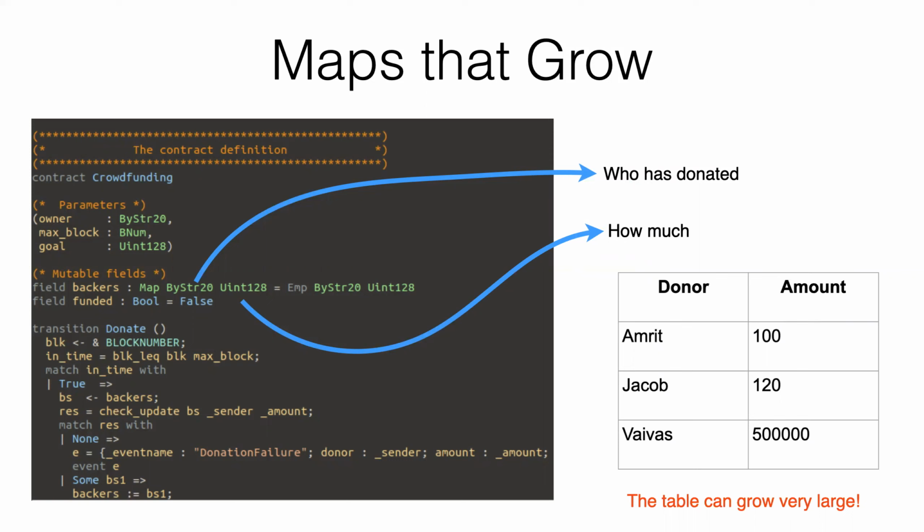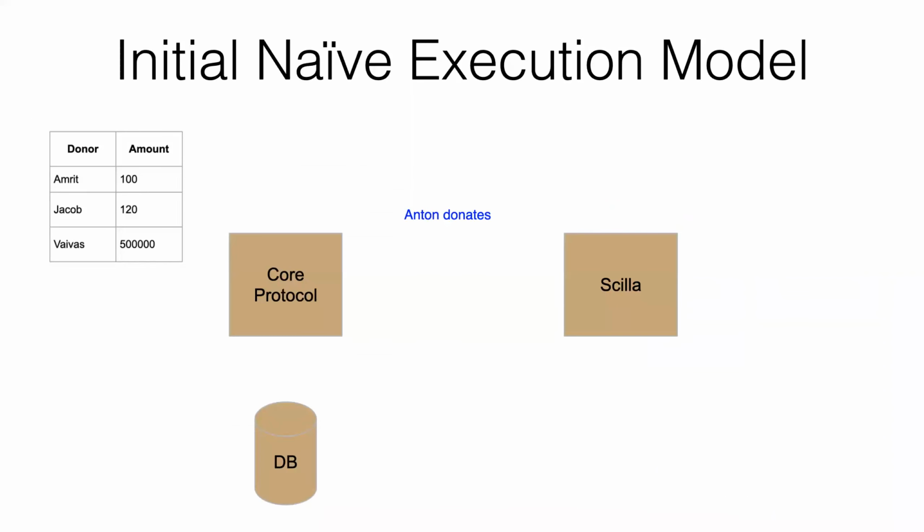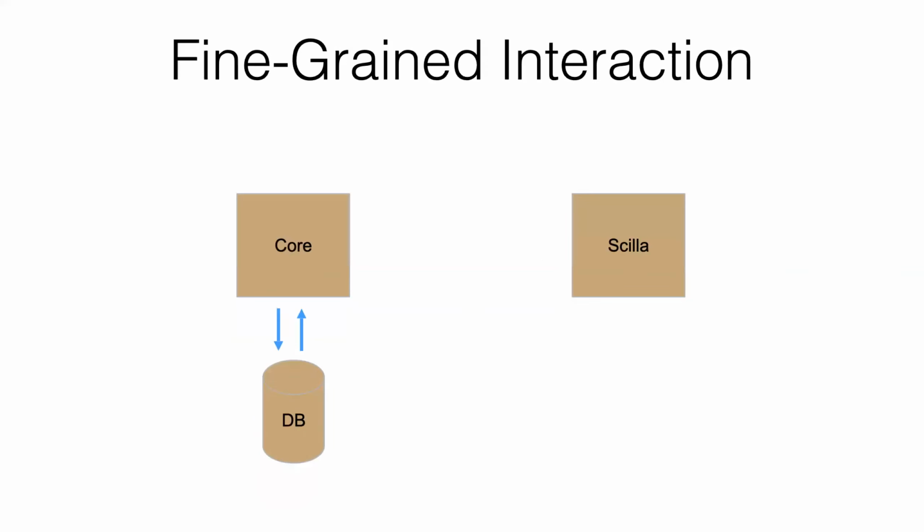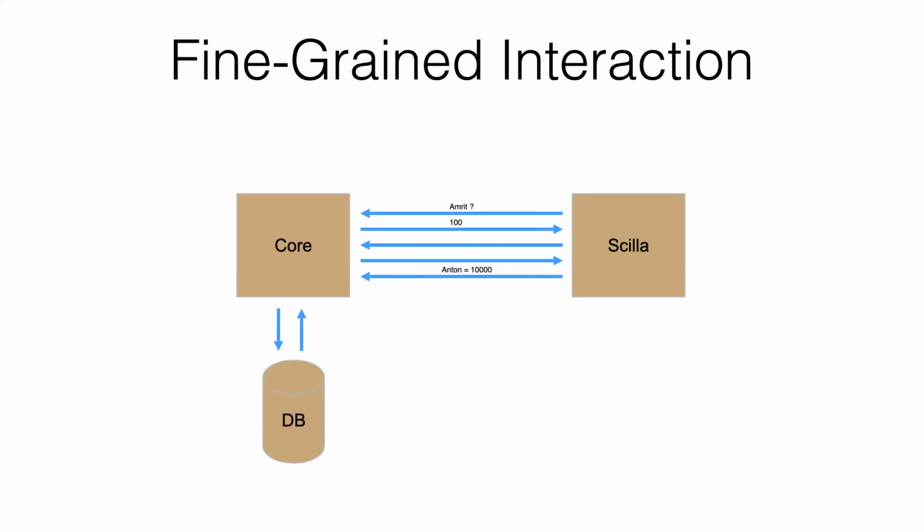And the larger it grows, the more difficult it is to maintain. So instead of reading and writing this whole array every time something happens with the contract, we implemented a protocol that would interact with the state of the blockchain in a very minimalistic way. With this fine-grained interaction, instead of reading and writing the array every time, it would buffer the changes and apply them all at once.